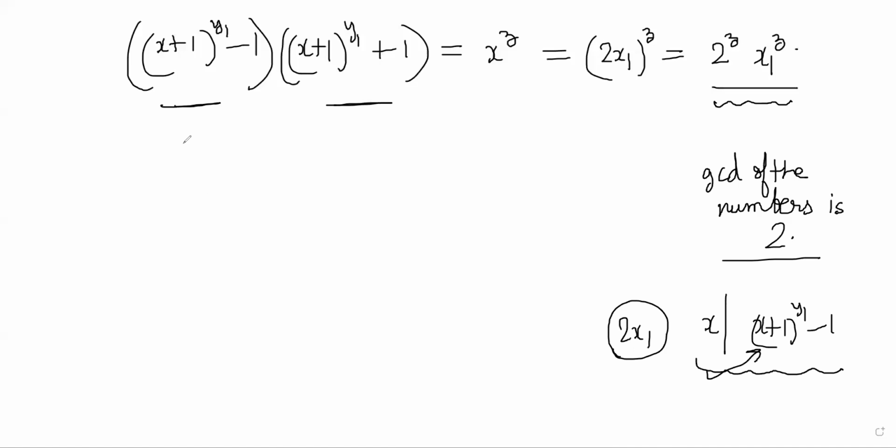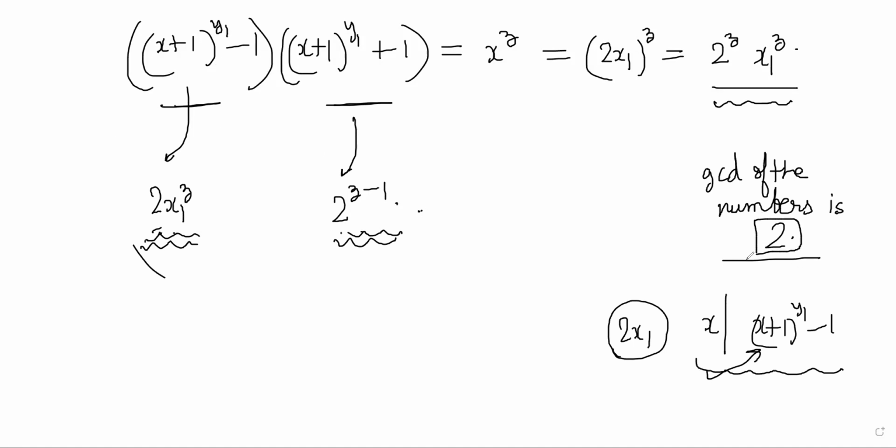So from here, you can easily conclude that I can call this number 2x1 power z, and I can call this number 2 power z minus 1. If you choose these two options, what will happen? You can clearly see that the GCD of the numbers will be 2, and also 2x1 will divide this, right? If you put any x1 term here, the GCD will become bigger than 2, it will become x.